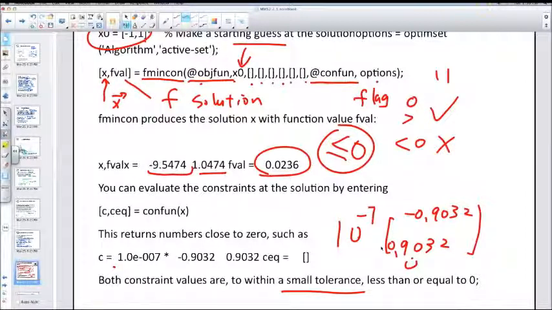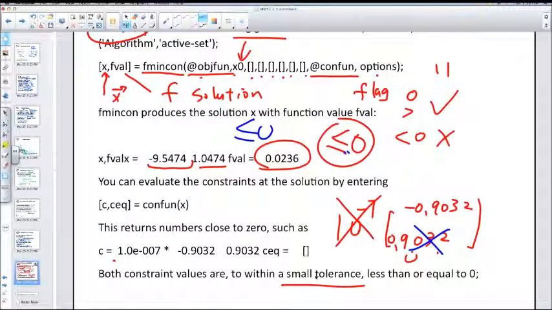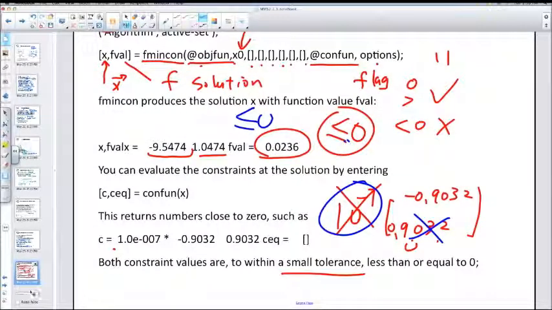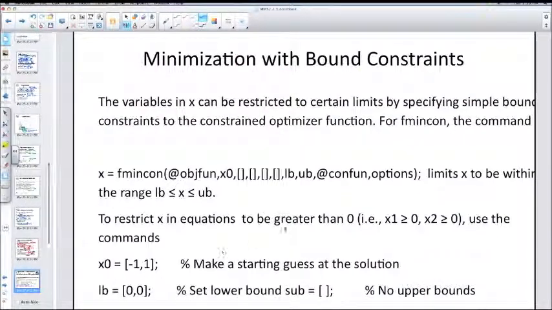That means good. But in the case you don't have that, or just give an example, that's wrong, because you need to be negative. Because your constraint is all negative, less than or equal to 0. So this is even a little bit bigger than 0, fine. 10 to the negative 7 is smaller than a millionth. Good. Okay, that's the easiest example.